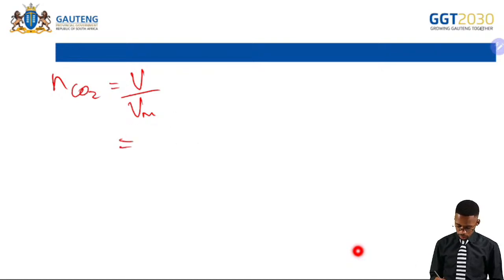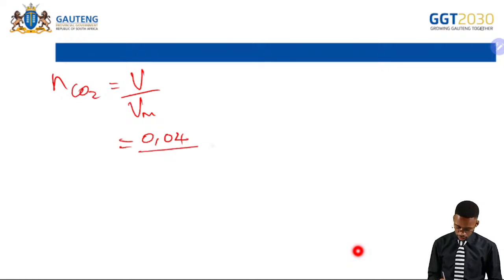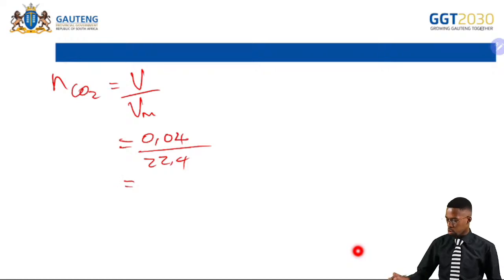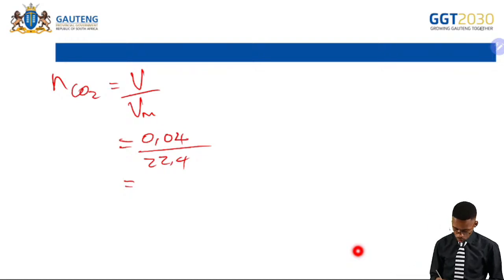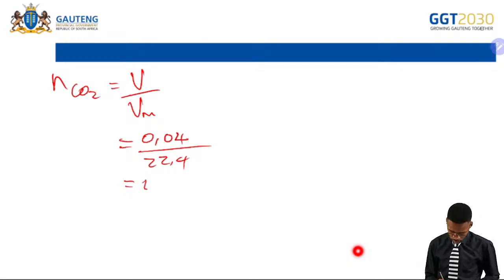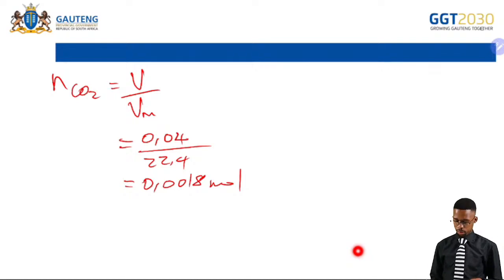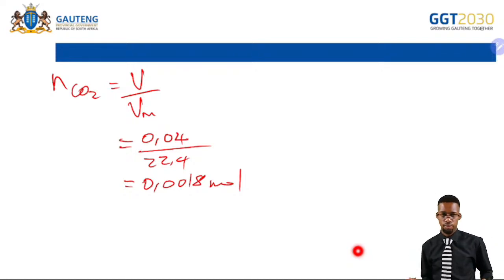Our volume is 0.04 for carbon dioxide divided by molar volume, which is 22.4 dm³. So what's going to be your answer? 0.04 divided by 22.4, and we are going to get 0.0018 mole.